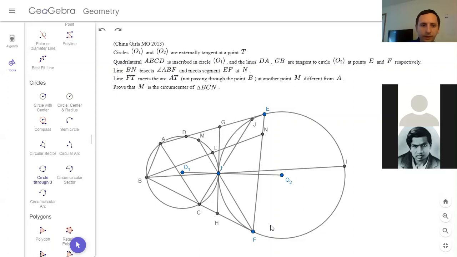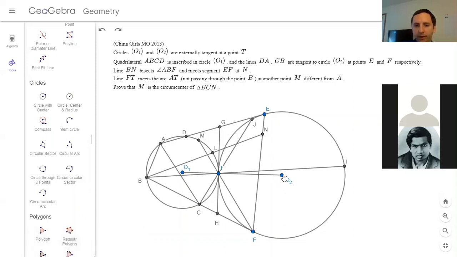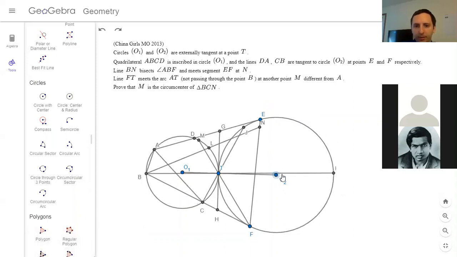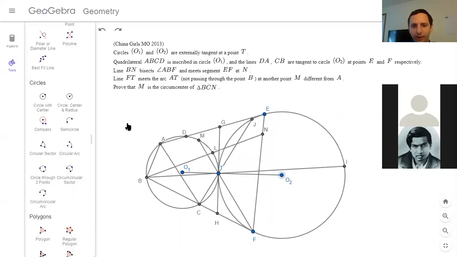So basically, you know what that means? If we move O2 around, N should stay exactly the same. That doesn't look true. Oh no, because it's changing triangle ABC also. So that's why N doesn't stay the exact same point.